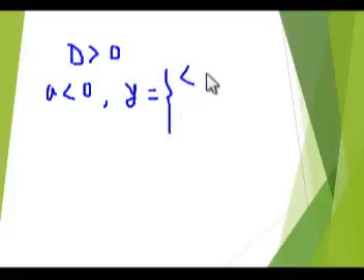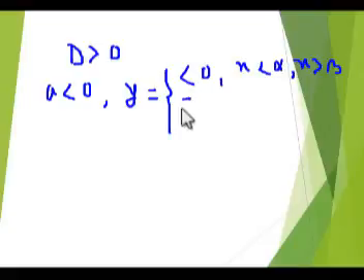And in another case, it can be that a is less than 0. If a is less than 0, then y can be less than 0 if, with roots alpha and beta, x is less than alpha or x is greater than beta.